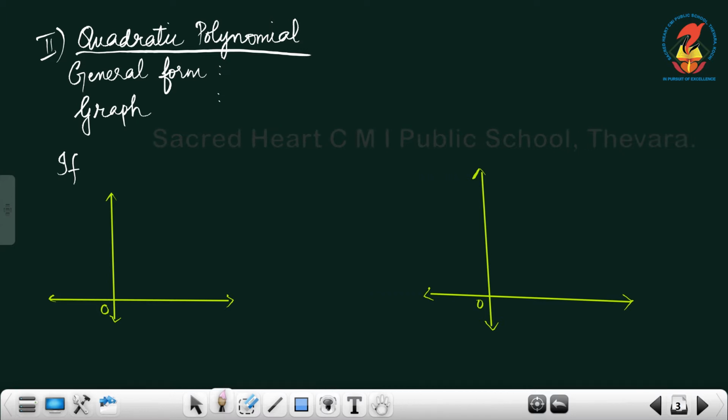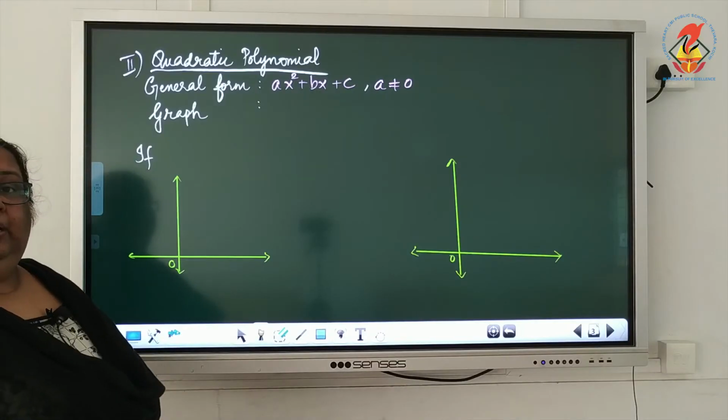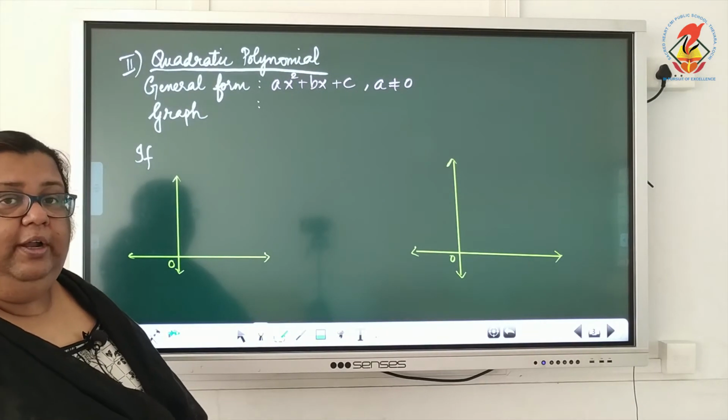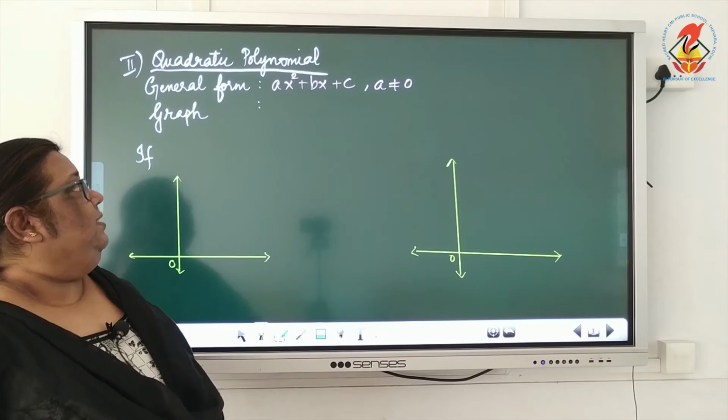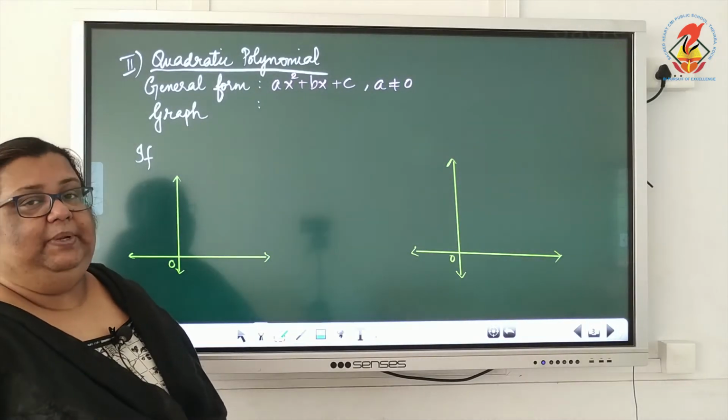Next, quadratic polynomial. What is the general form of a quadratic polynomial? ax square plus bx plus c, where a is not equal to 0. A second degree polynomial is called a quadratic polynomial. The general form is ax square plus bx plus c.